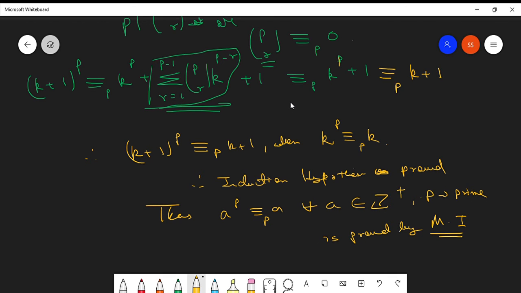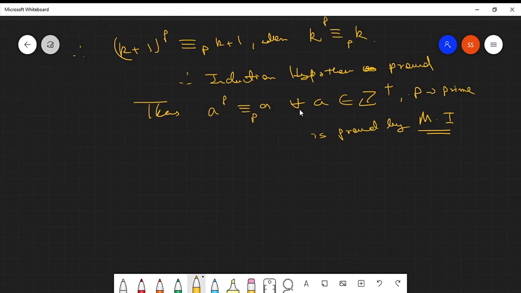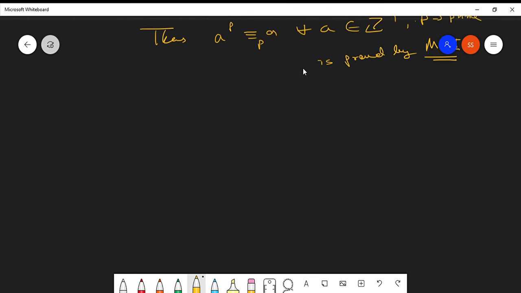This is of great importance to problems which include powers of integers, where you are asked to find the congruence modulo some prime number. I was discussing some of this in the first lecture of the number theory series, where we had problems regarding congruences, and I told you that we will be discussing Fermat's little theorem later in the series.